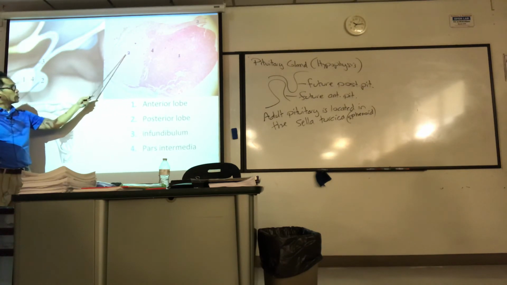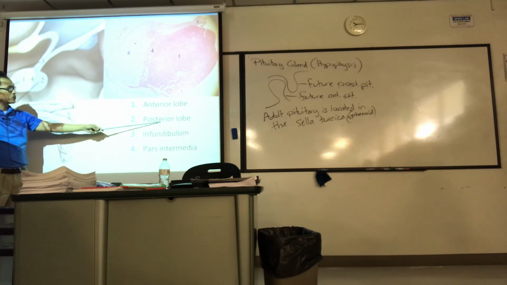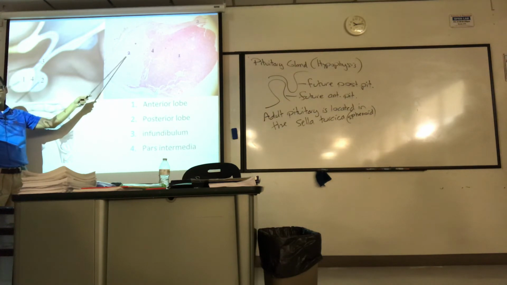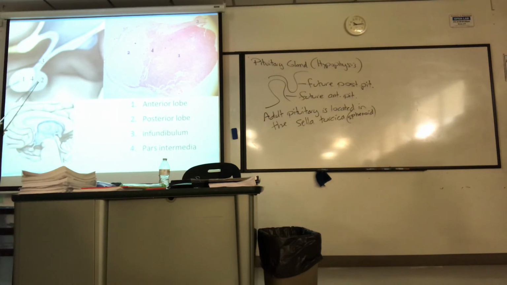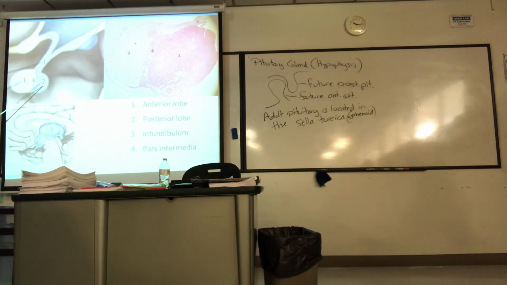Notice that area 2 is the posterior pituitary or posterior lobe. That stains light, not to be confused with the illustrator who chose to illustrate it dark. Okay, you got to know what you're looking at. Don't just say, "Oh, you said it stains light." Oh, so that's not light. So you're trying to hold me accountable. You're just wrong. I'm sorry. Look where it goes to.